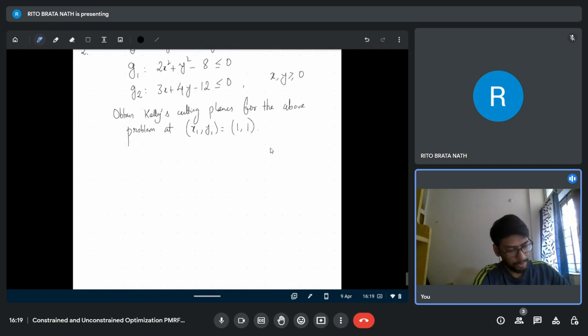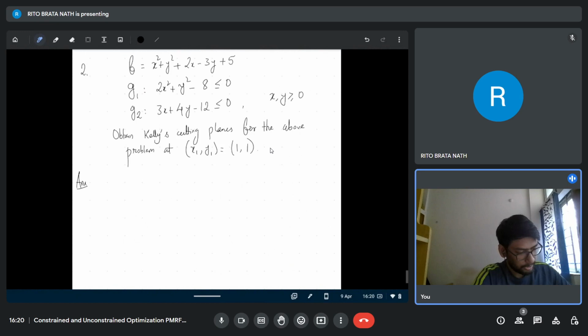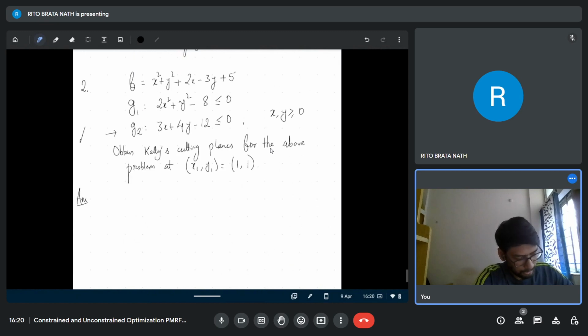Okay, I modified the problem slightly. In this case, you can check that this is linear, but the other constraints are not linear, so you can linearize using the first one.